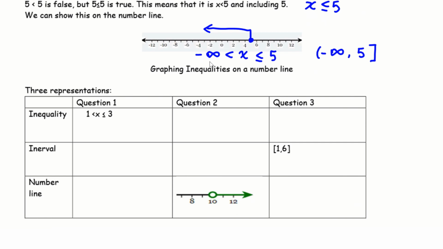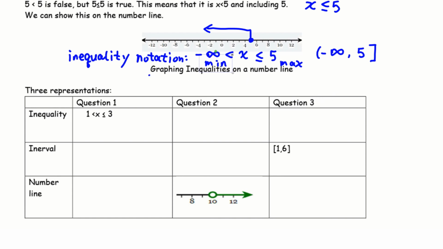So this one we call inequality notation. We write the minimum on the left side, the maximum on the right side, then we put x between them.